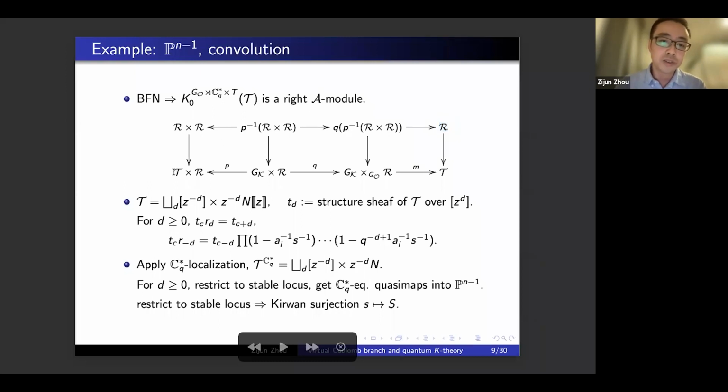But also, if you look at this bottom row, then you actually get an action of the Coulomb branch on this K theory of the space T. It's a right action.